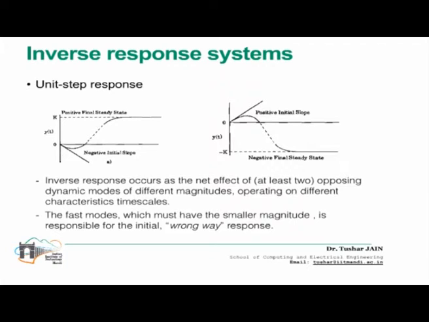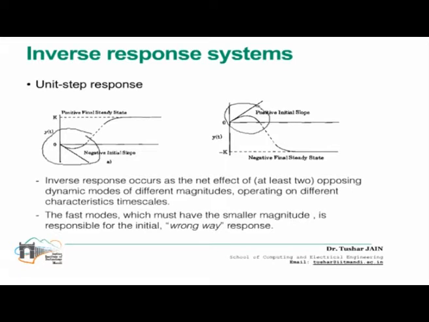So you see, this is what I've been trying to explain to you: what it means to have a negative initial slope, a positive initial slope, and positive or negative steady state values. This is where the inverse response comes into play.